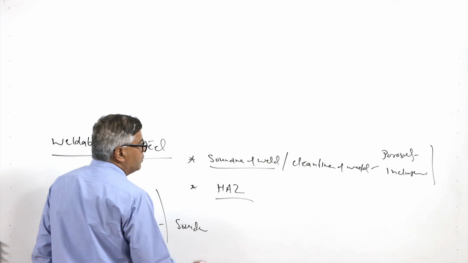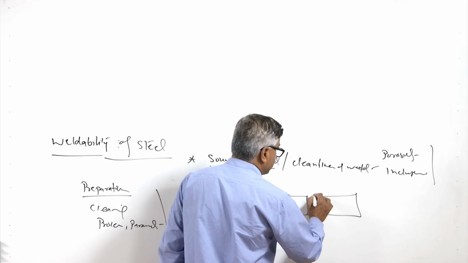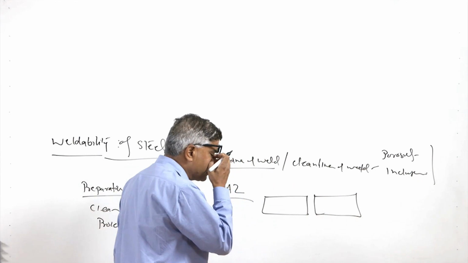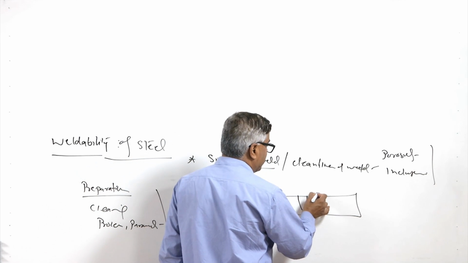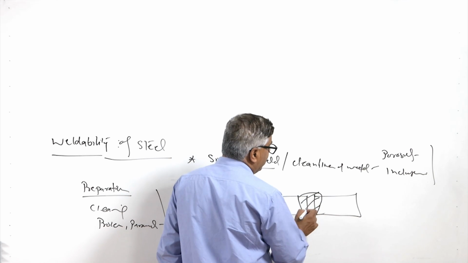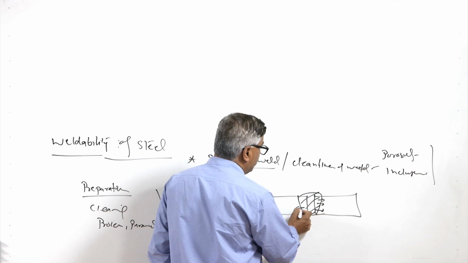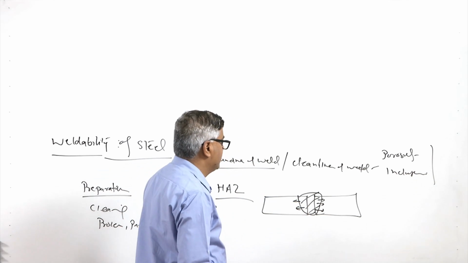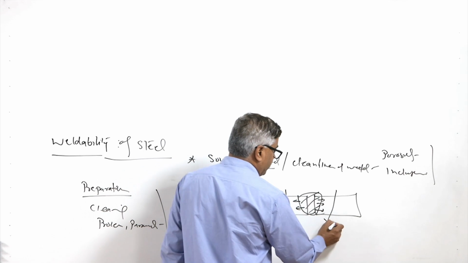But we cannot do much with regard to the heat affected zone. By selecting suitable process conditions, groove preparation, etc., we can make a joint which is really sound, but we cannot do much about the changes experienced by the base metal due to the flow of heat, because of which the heat affected zone develops.